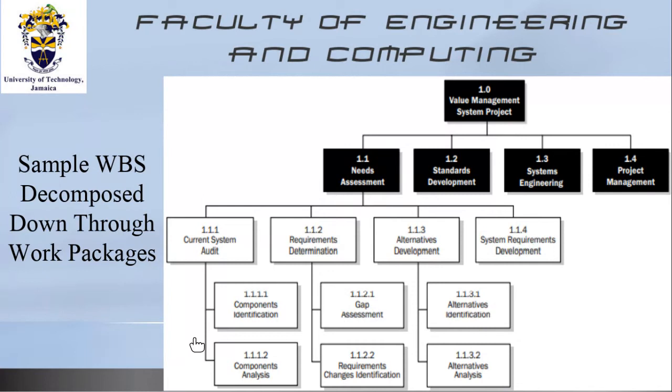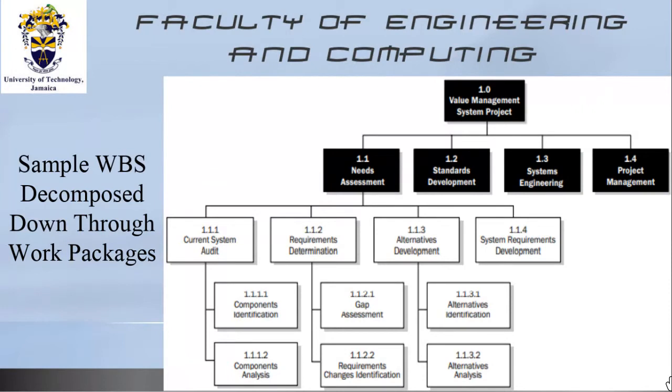Can somebody explain to me why all of these are level 4 and this one is not level 4 and this one is level 5? Can somebody explain to me why that is? Okay, go ahead, Sean.